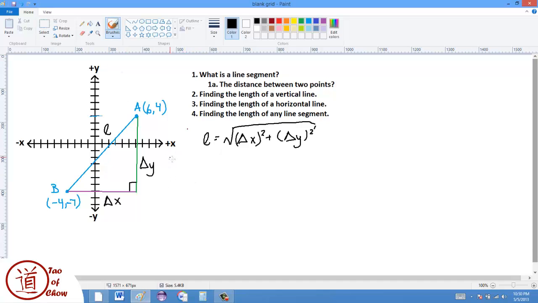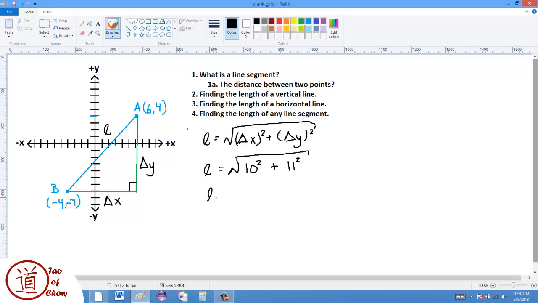So I have the length is equal to the square root of the difference of x. x goes from 6 to negative 4, so that's a value of 10. So 10 squared plus, now the change in y goes from 4 to negative 7, so that's 11 squared.